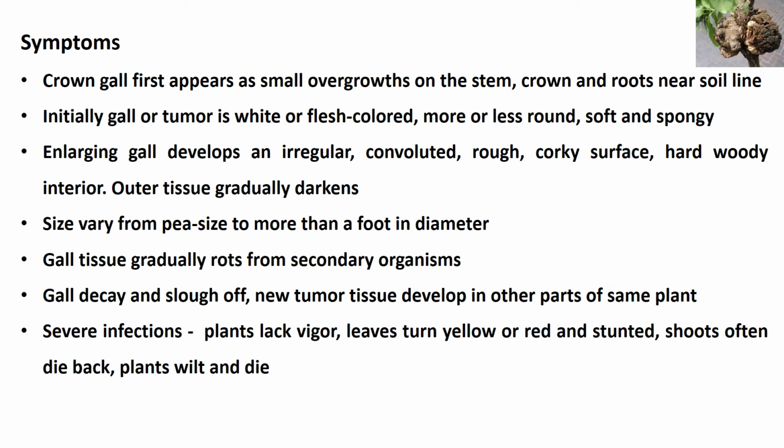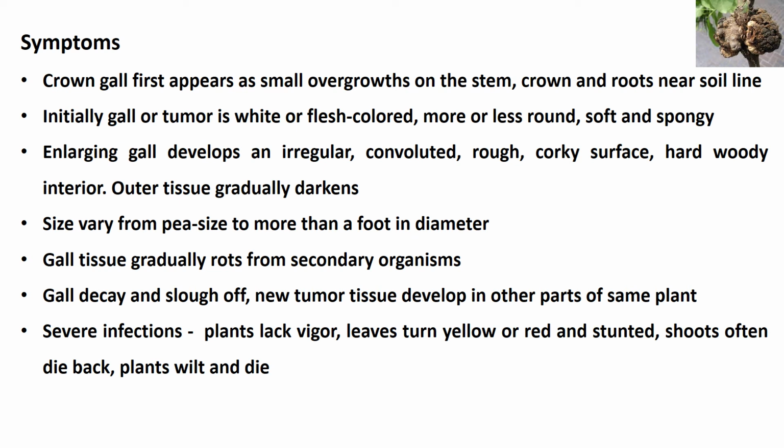The symptoms of crown gall first appear as a small overgrowth on the stem, crown or roots near the soil line. Initially, the gall or tumor is white or flesh colored, more or less round, with a soft or spongy texture. The gall slowly enlarges and develops an irregular, convoluted, rough, corky surface and a hard woody interior.